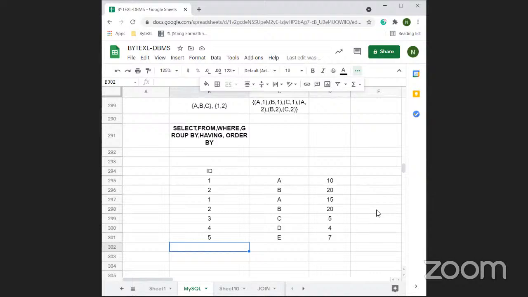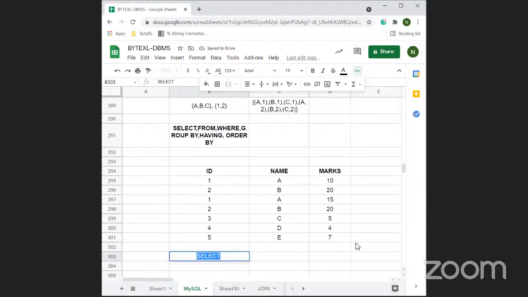What do we mean by these duplicates and how these duplicates will work? Simply, if I am selecting, let me give you the column names. This is ID, this is name, this is marks.